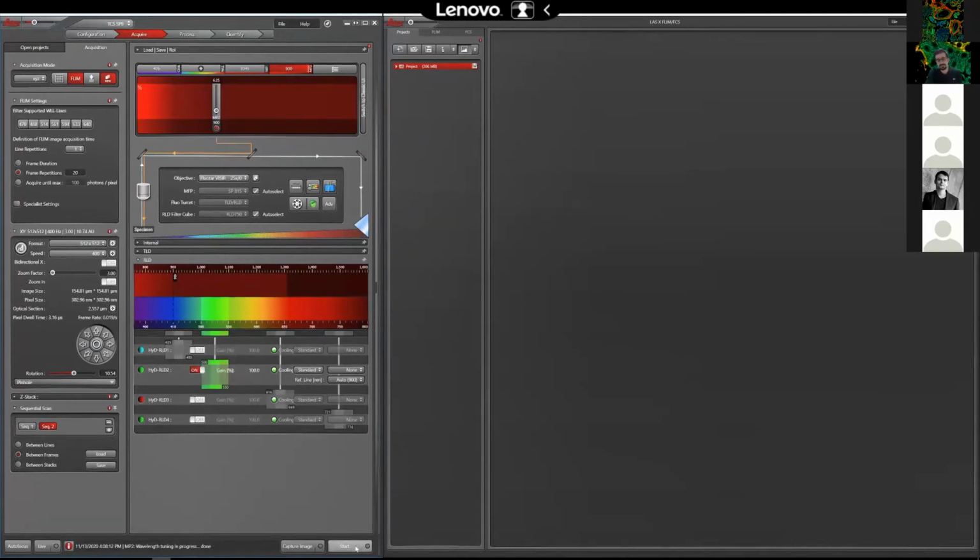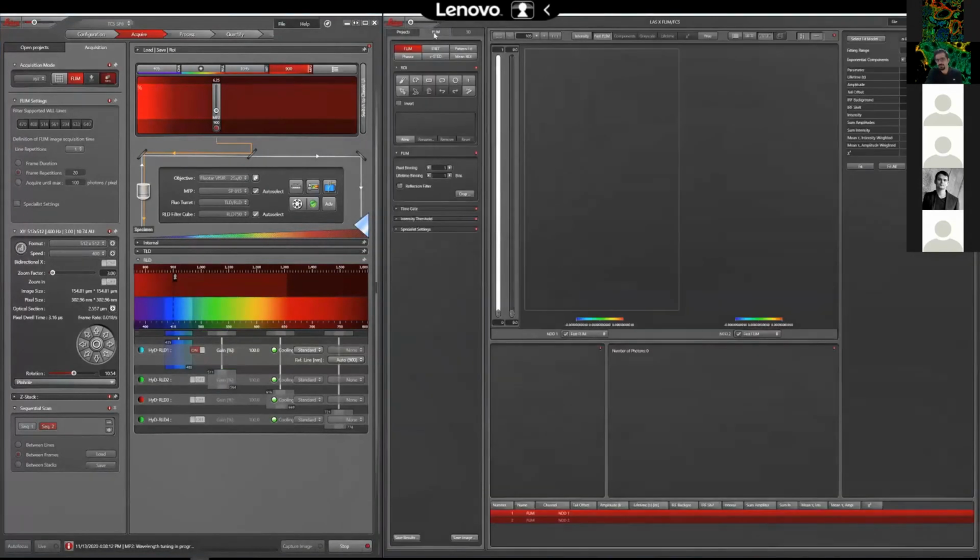FAD is more abundant than NADH, and in that case we get really low signal. But what's happening now is that you see how long it takes to tune from one wavelength to another.